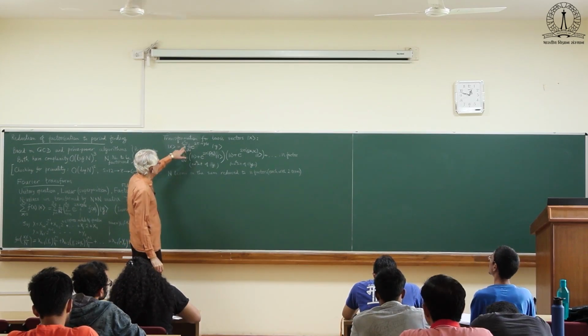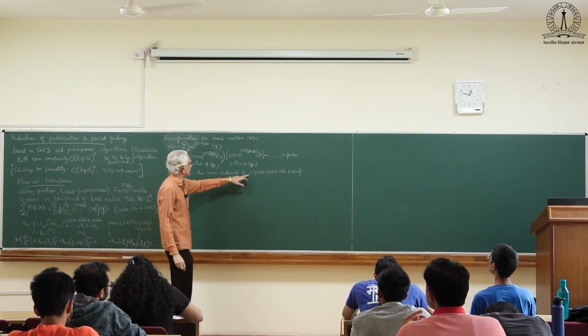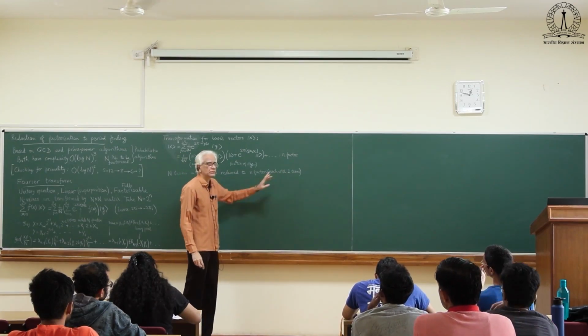This was 2 raised to small n, and now I have small n factors, each one of which has 2 terms.